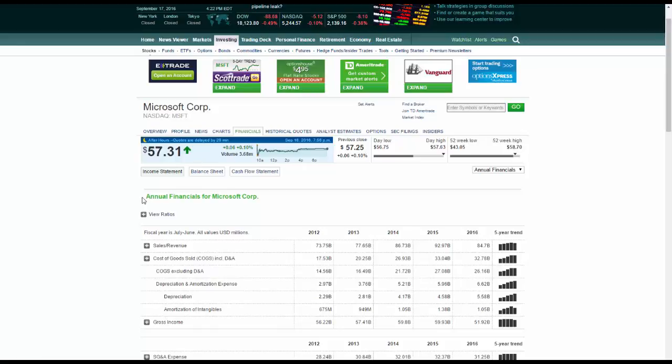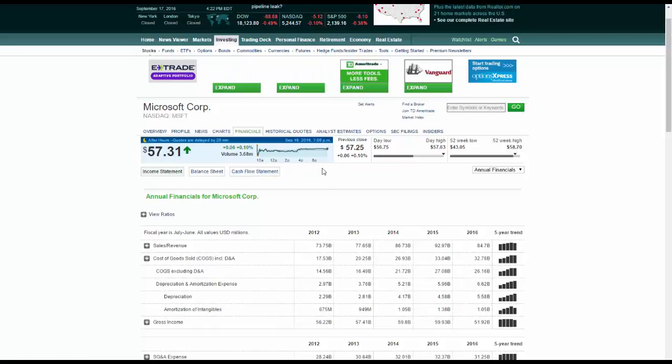And you can see here we have income statements, balance sheets, and cash flow statements. However, we don't have the equity statement here, which is the fourth statement in corporate finance.